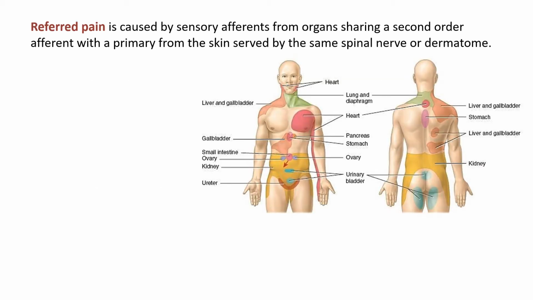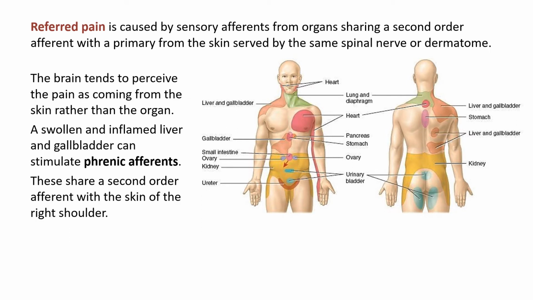Referred pain is down to those phrenic afferents from the diaphragm primarily. And in any referred pain, if you remember, what we have is two sensory afferents, one generally from the skin, one from an organ, that share a second order afferent at the same spinal nerve level, also known as a dermatome.